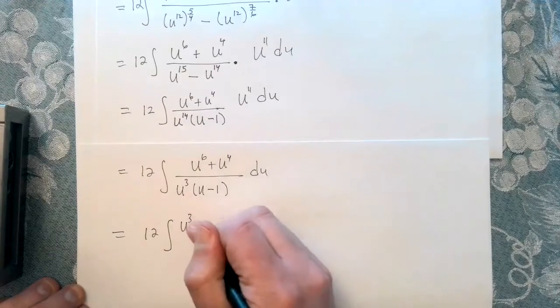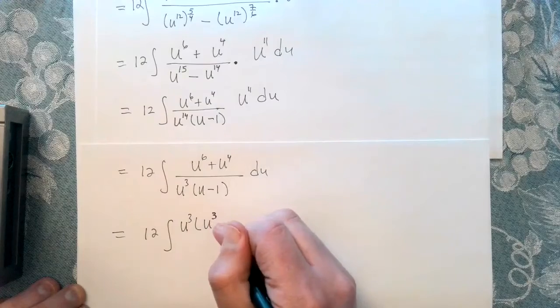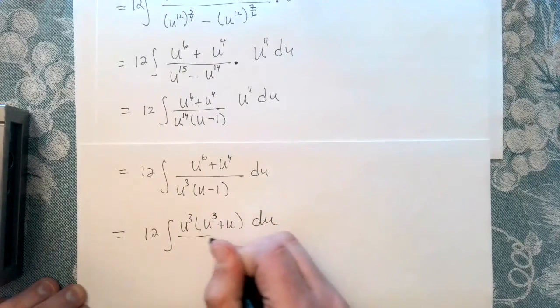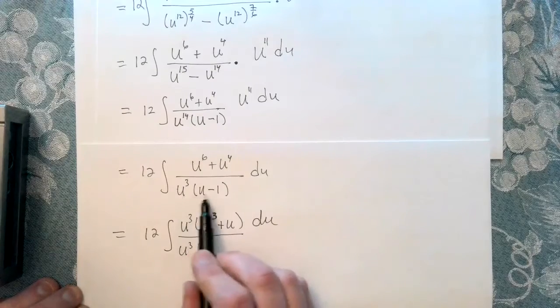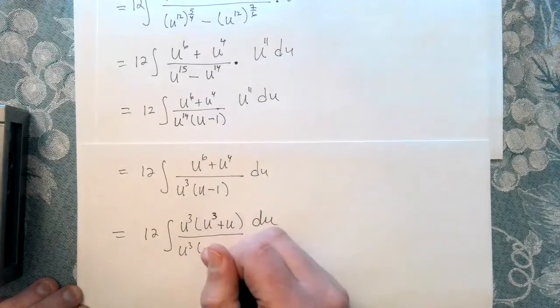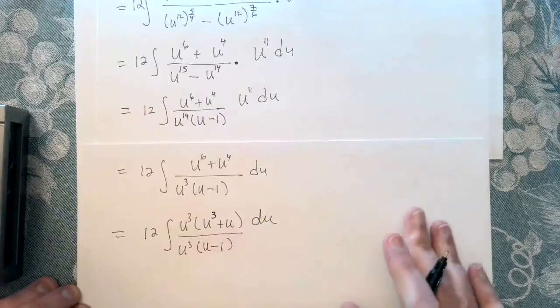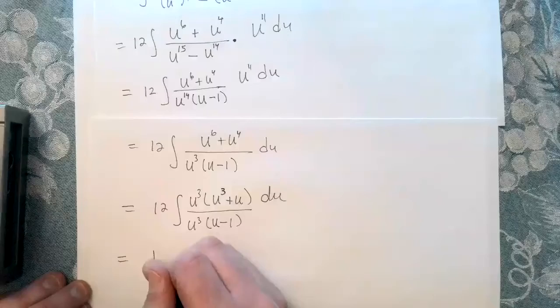So let's see here. If I factor out a u cubed from the numerator, I've got, looks like u cubed plus u to the 1st. And I didn't want to factor out any more than that because I couldn't factor out anything else from there that would be helpful. So this is a good place to be.